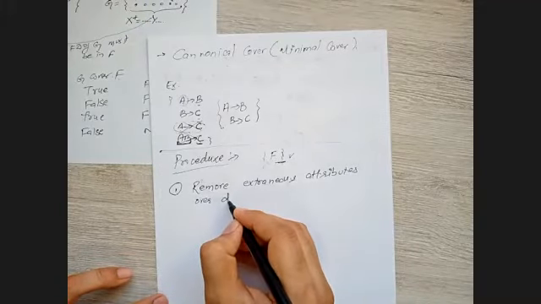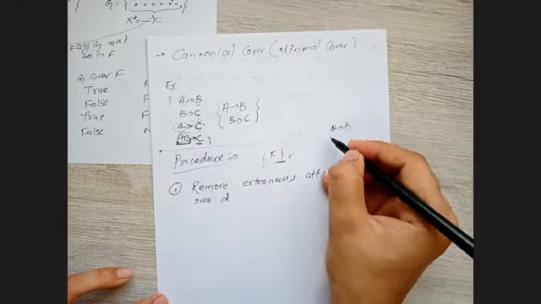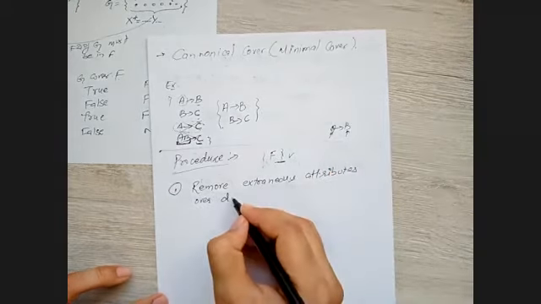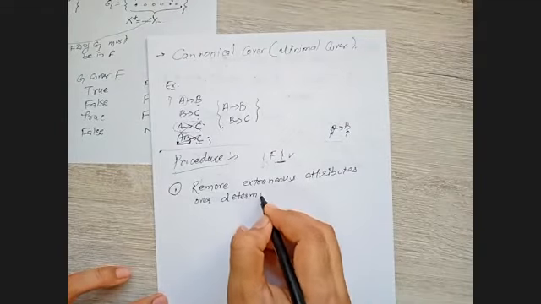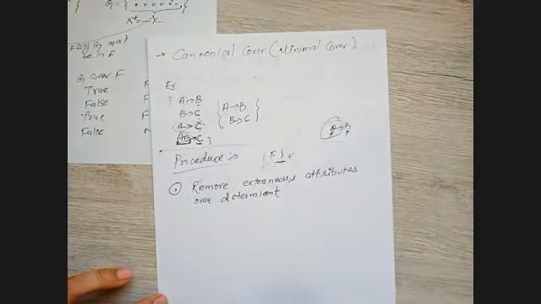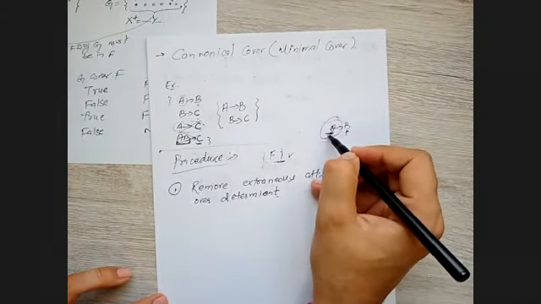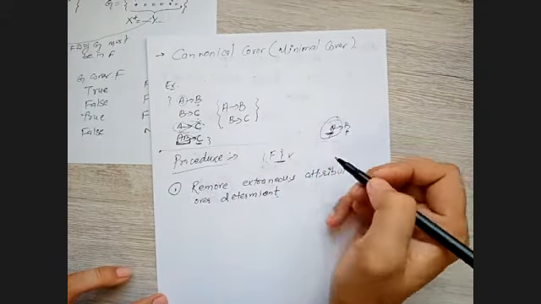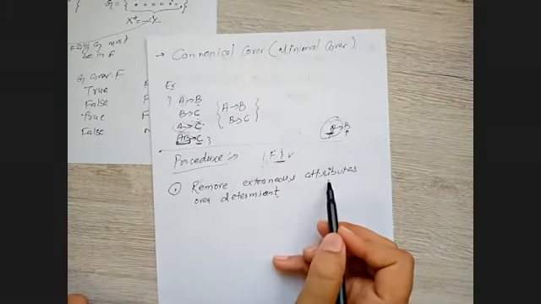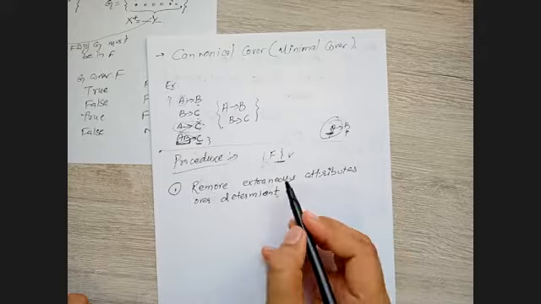If you remember, if I say A determines B, A is my determinant and B is my dependent. So over the determinant, that's the left-hand side part, we need to perform some operations. We need to eliminate some attributes there. Those are the extraneous attributes. So what is an extraneous attribute?